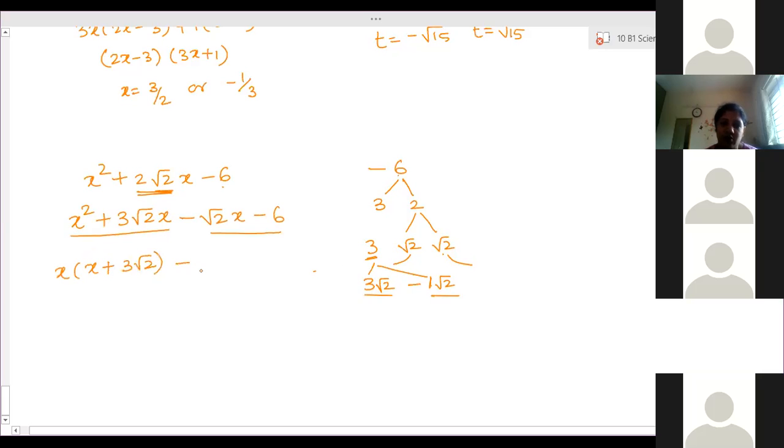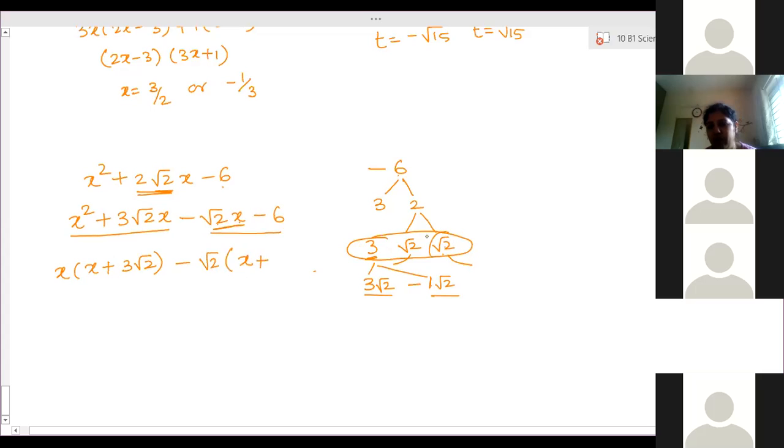Now here minus is common. What are the factors of 6? These are the factors of 6, and this is root 2 x. So we can take root 2 common. After taking root 2 common, what is left in the bracket? From this term, x is left out. Minus we have already taken common, so it should be plus, and 6 is 3 into root 2 into root 2.